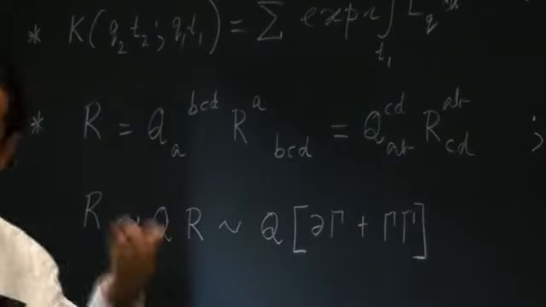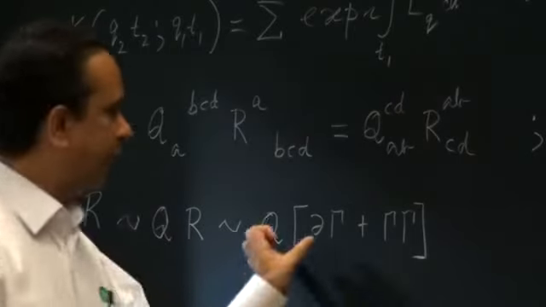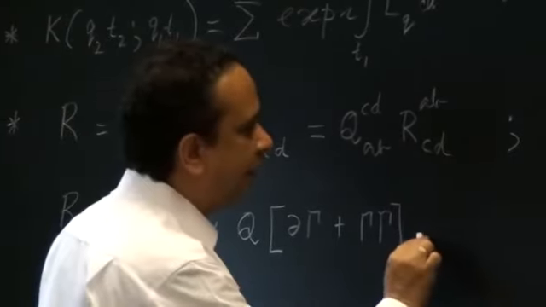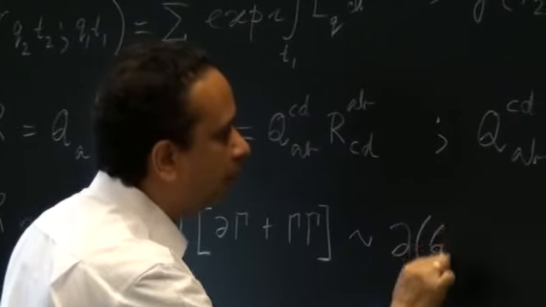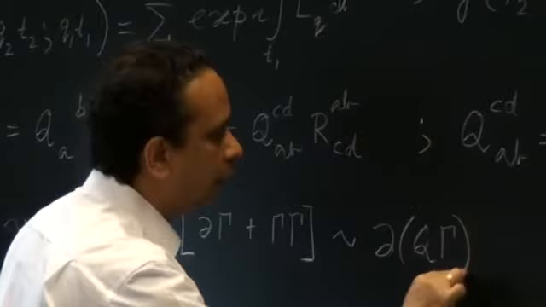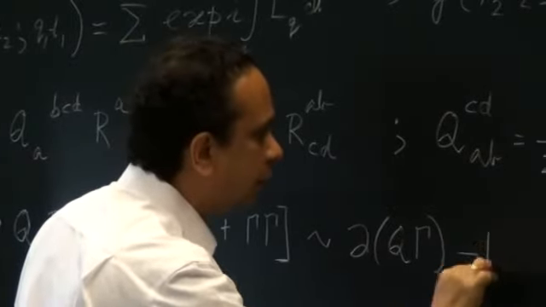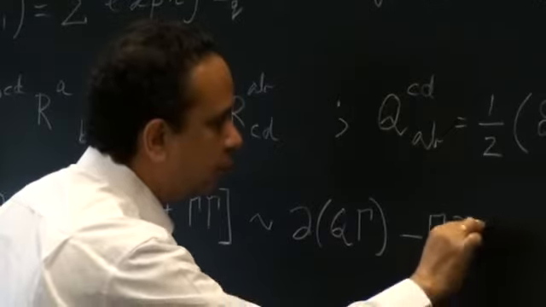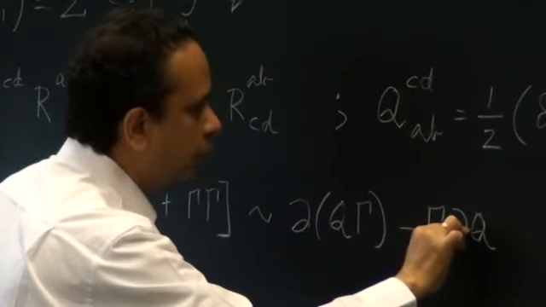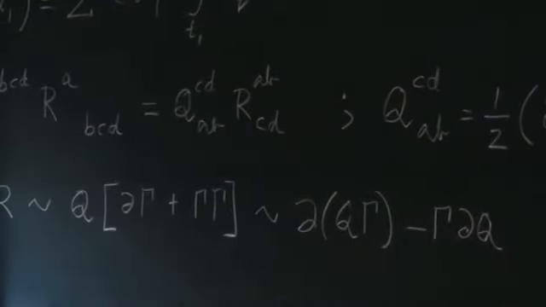Therefore, just to see ahead what is going to happen, take this first term and write it as D of Q gamma minus gamma dQ, which you can do. I'm just pulling out the total derivative.